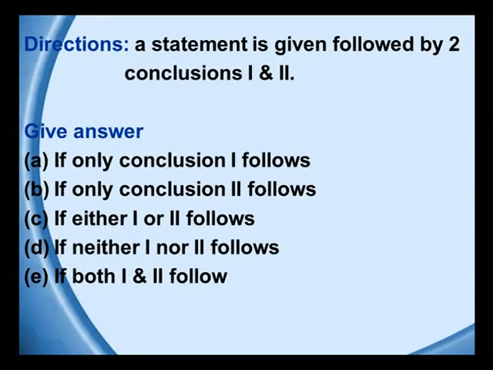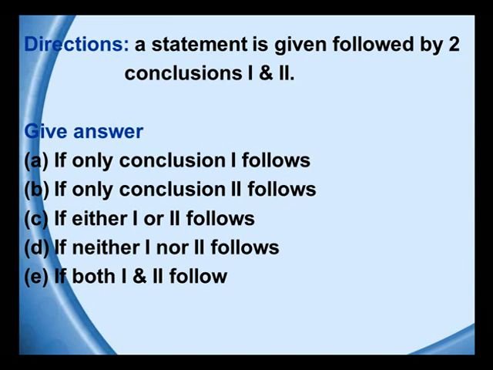The directions are as follows for the question. A statement is given followed by two conclusions, 1 and 2. You should mark your answer as choice A if only conclusion 1 follows and not 2. You should mark your answer as B if only conclusion 2 follows and not 1.